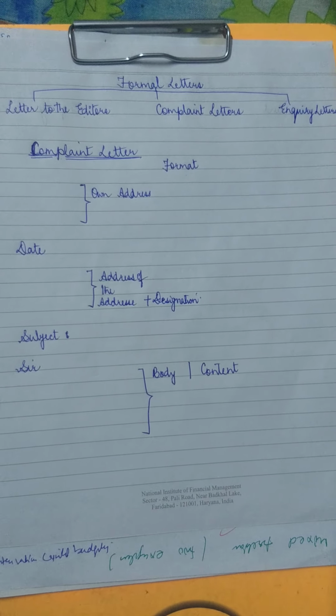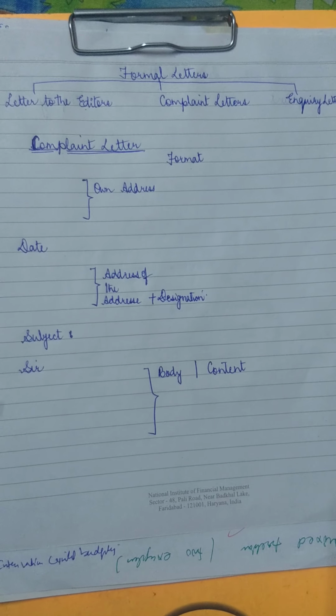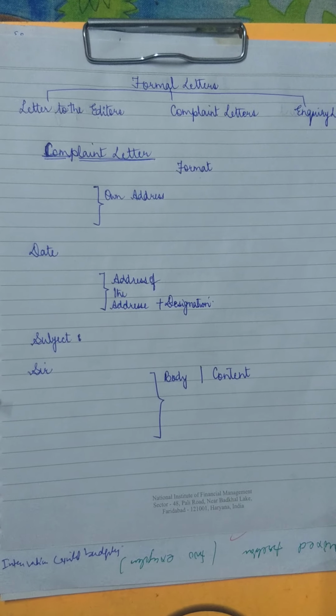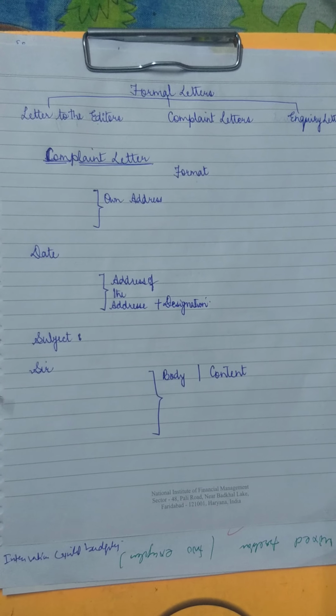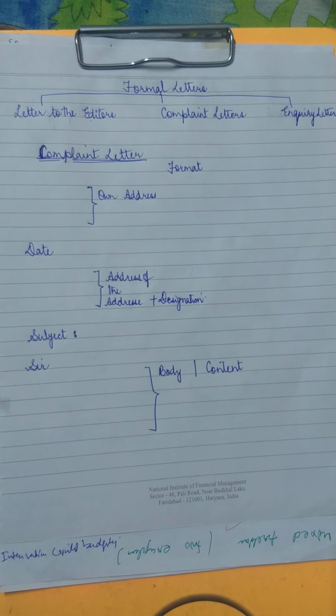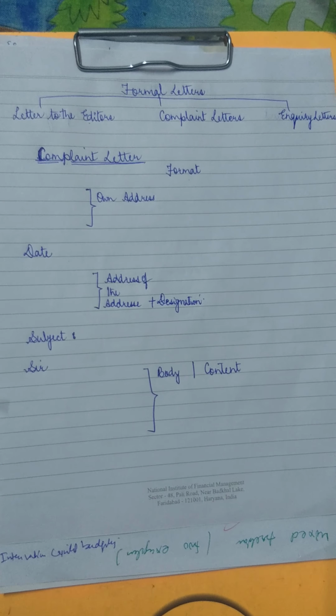There is yet another reason for complaint. Probably you had ordered some other product, maybe the dress that you're wearing, or maybe shoes. So the things that you had ordered, you had bought from their shop.